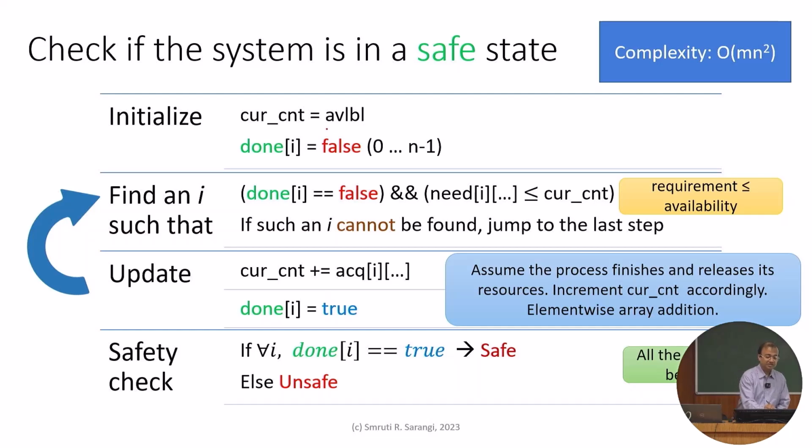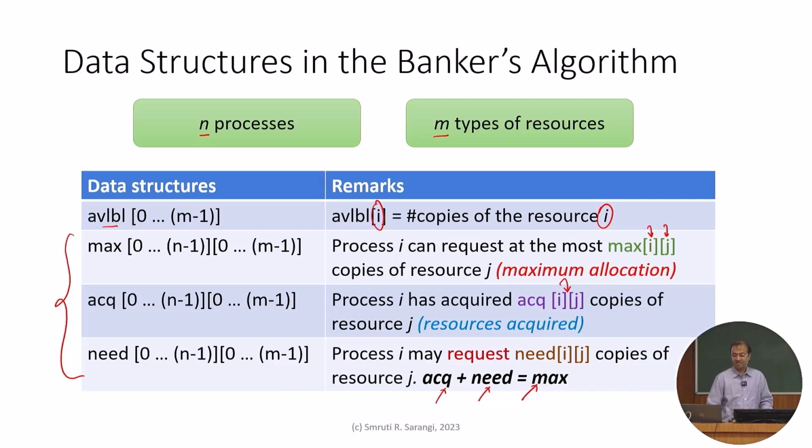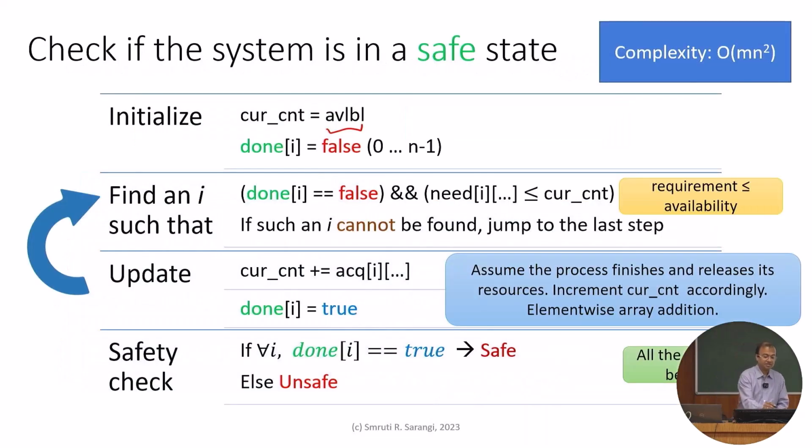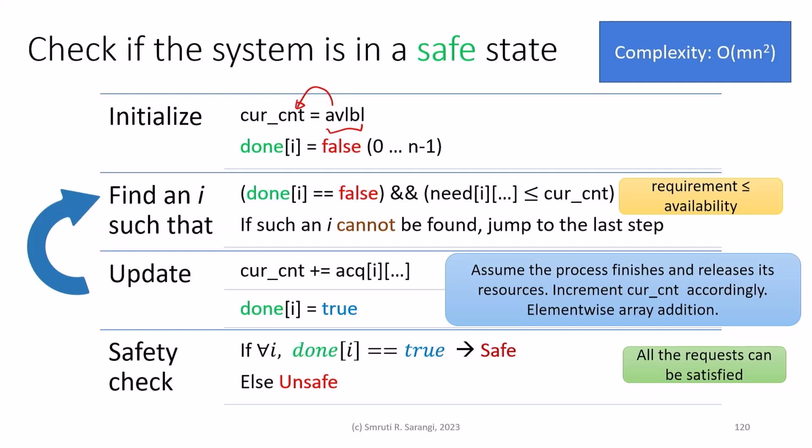Available is basically this: how many copies of the resource i are currently available. So I create a local copy of it, I put it in current count. Current count is basically saying at this moment, let's say for the ith resource, how many copies are free, right? That is current count. It's just a copy of available.